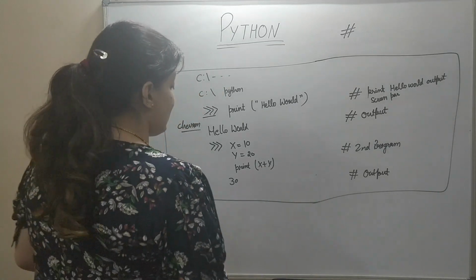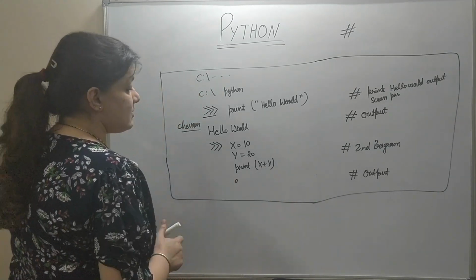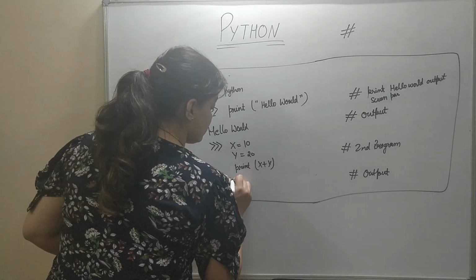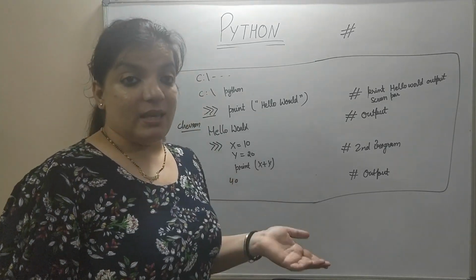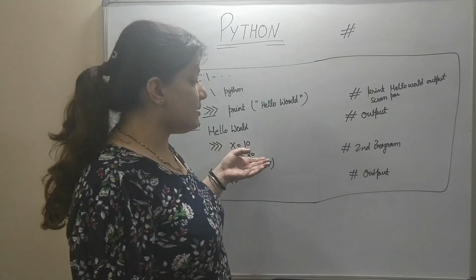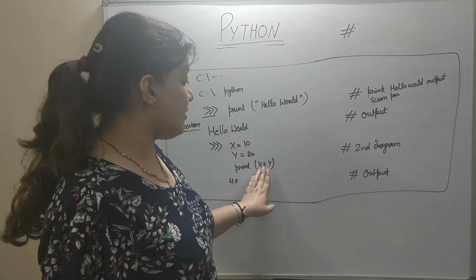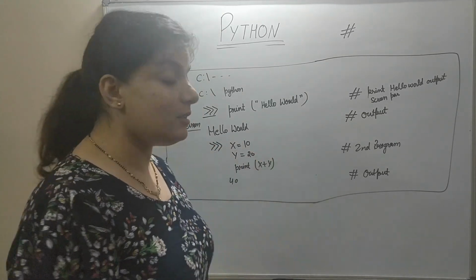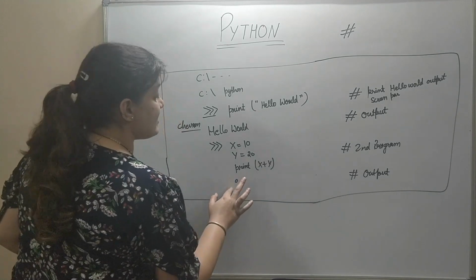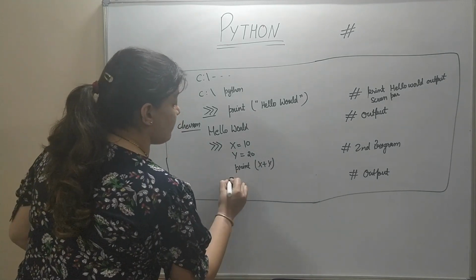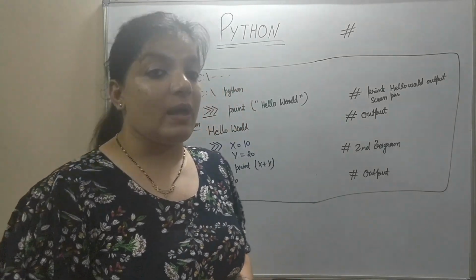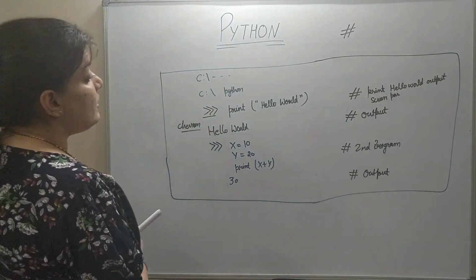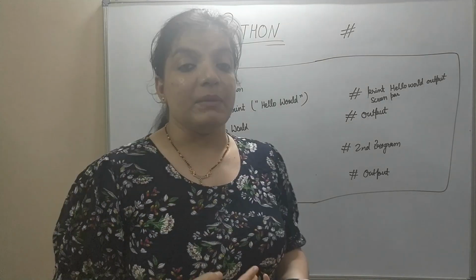For example, if instead of 30 the output is 40, we will see what the problem is. Maybe I have written some other operator, so we can check easily. That is why this is a feature of Python. So Python is both an interpreted and an interactive programming language.